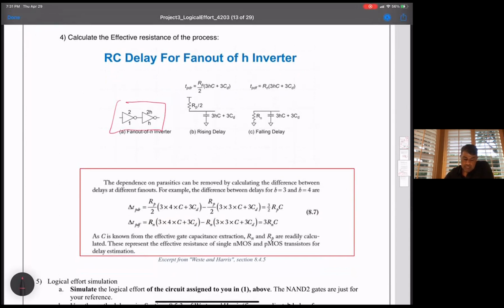You're varying H: one simulation for H equal to 3, one simulation for H equal to 4, and looking at the difference in prop delay for rising and falling to get the resistance of the N and the resistance of the P. Again, the derivations are in the book.